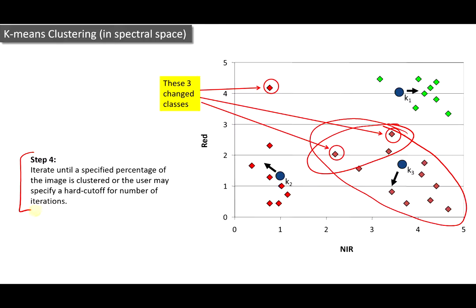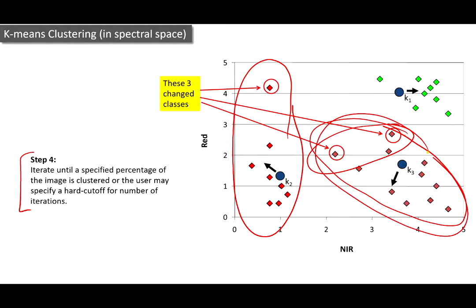So we keep doing this. You can keep iterating, but it's usually fine to only do it 5 or 10 times, until nothing changes anymore or the user just says stop. So we've got our final cluster outputs, and then it is your job as the expert user to say what those probably are.